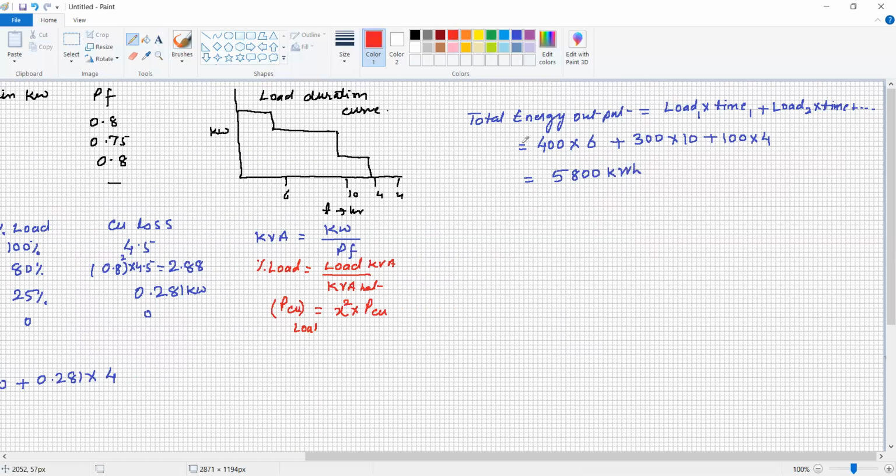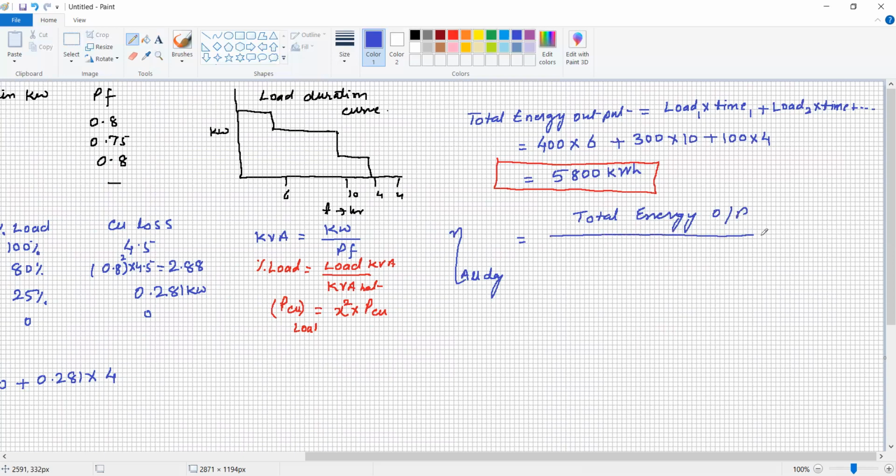This is the energy output of the transformer. Therefore, all-day efficiency is equal to total energy output divided by total energy output plus total energy loss.